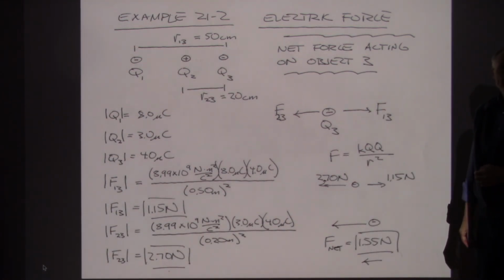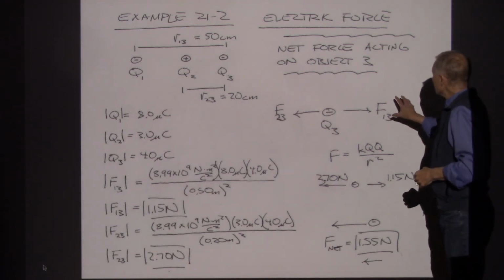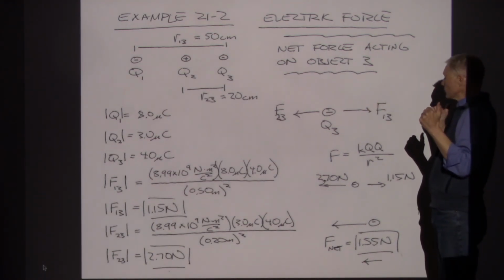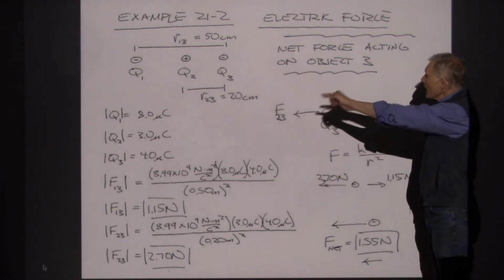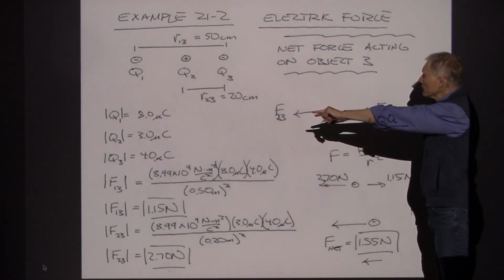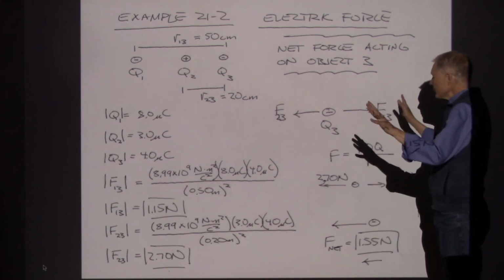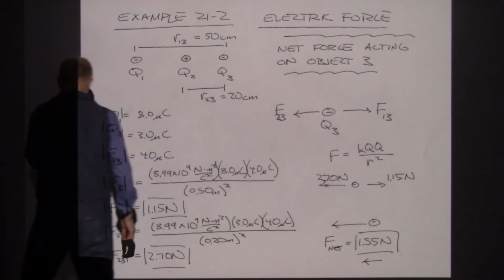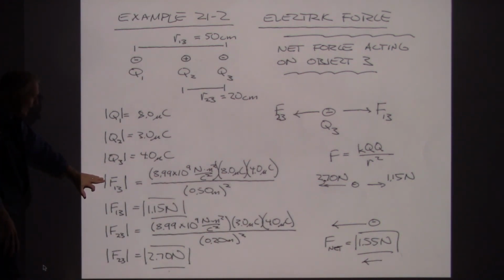I don't need the vector signs anymore because I've determined that F13 is in the positive x direction, and F23 is in the negative x direction. So once I've got the diagram drawn, what's left to do is calculate the magnitude of those 2 forces.